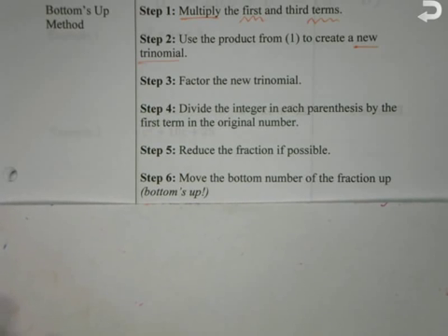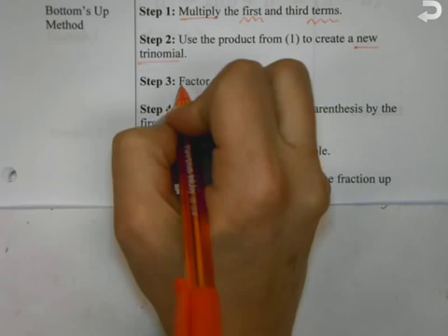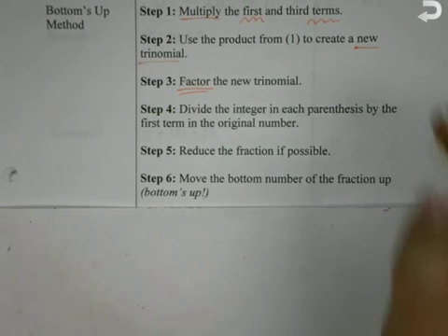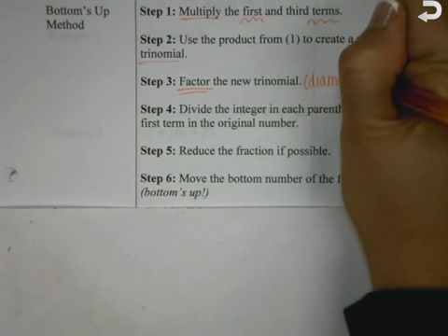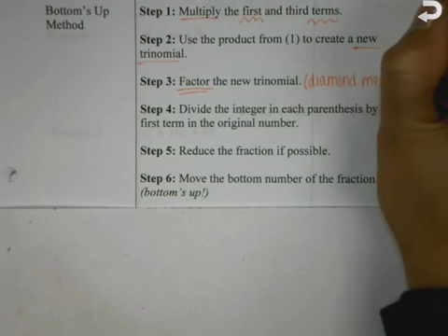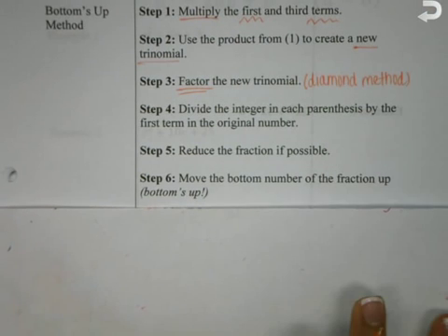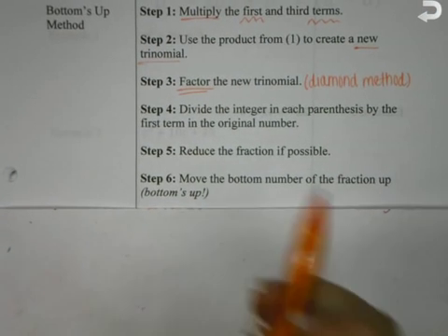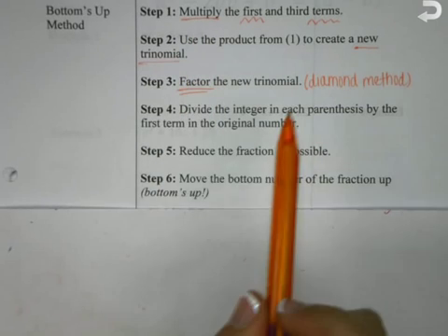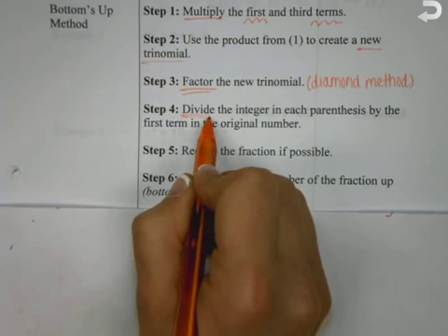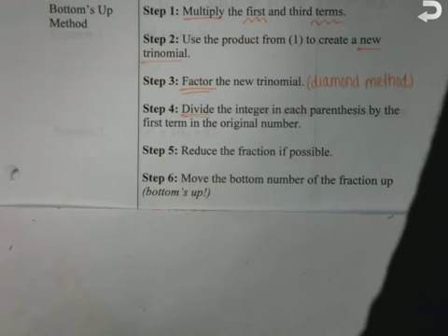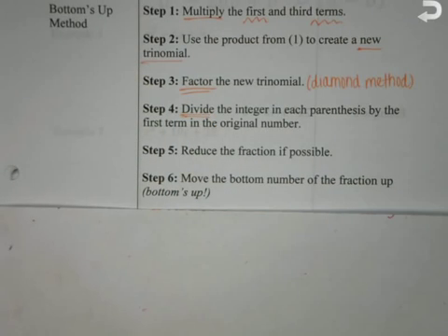That new trinomial is not going to have a number in front of the x squared anymore, so we will be able to factor it using the diamond method. Now, since in step one we multiplied the first and third terms, we're going to have to undo that by dividing the integers in the parentheses by the first term in the original problem.